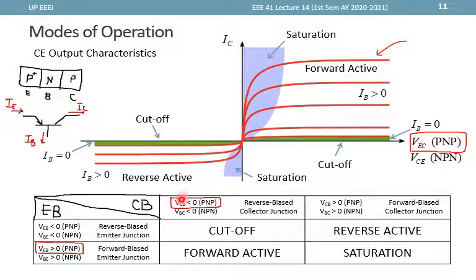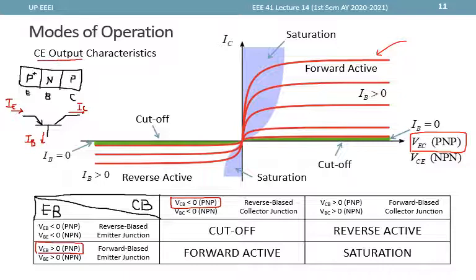However, for this plot right here, we are actually given VEC. Now, what happens with this plot? So this is actually what we call the common emitter output characteristic.